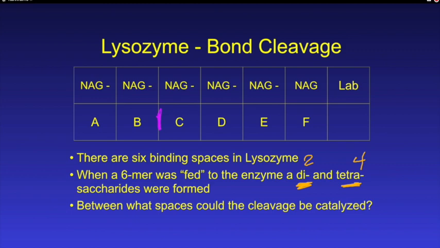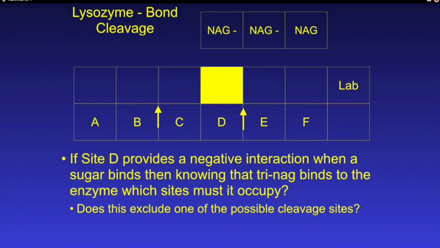I could have broken it right here, and then I would have made a dimer and then a tetramer. So I can either break between B and C, or between D and E. I haven't discovered where the breakage occurs, but I have eliminated between E and F, between C and D, and between A and B. I have 2 possibilities.